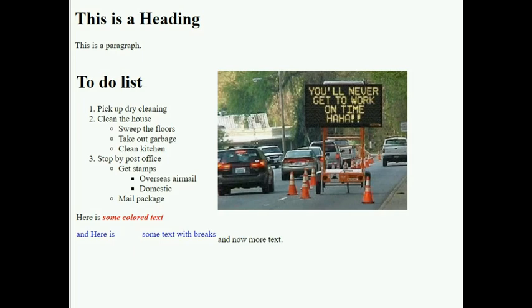So here we have a browser displaying a web page. As you see, there is text and there is a picture and there is some structured text in terms of a list, different types of lists, some text that is bold and some that is not, bigger fonts, smaller fonts, different color fonts, and so on.